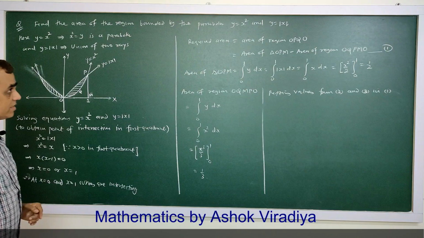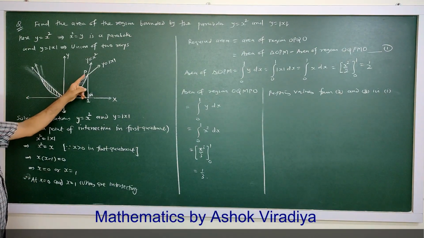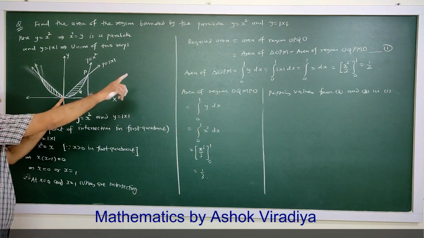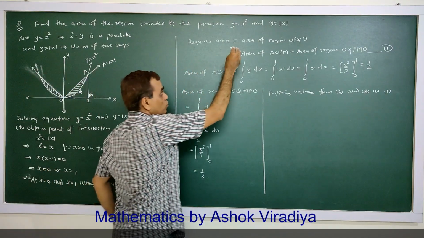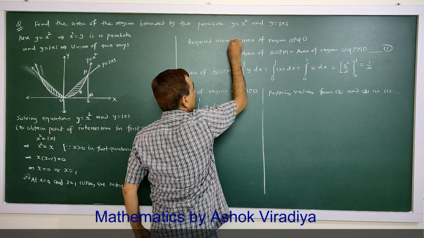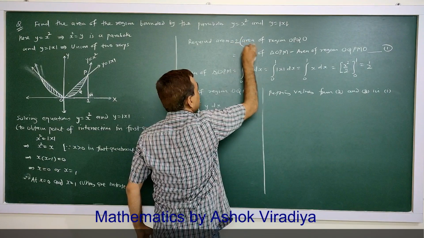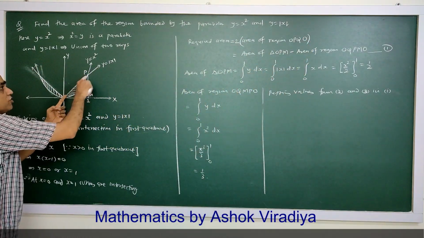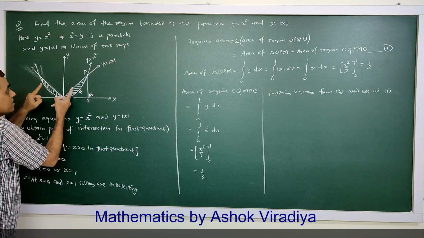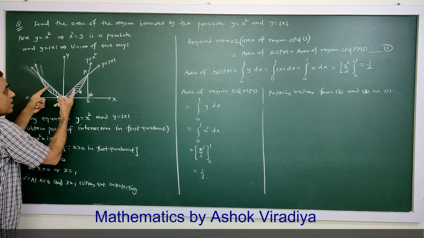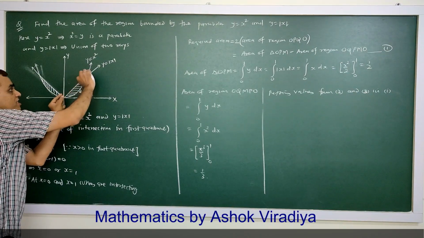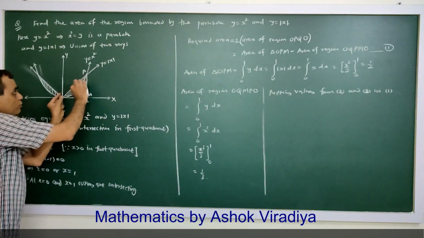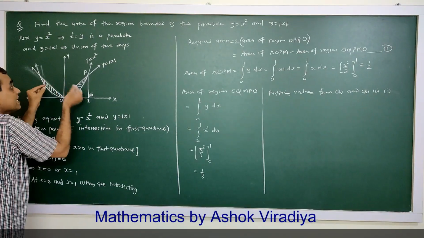Required area is 2 times, here I missed to put 2. Here we should keep 2 times the area of this region, because we need the total area. We have found it in the first quadrant, so we have to make it double, that will be the total required area.